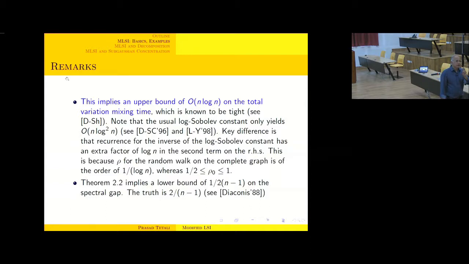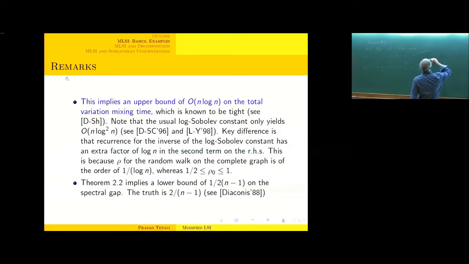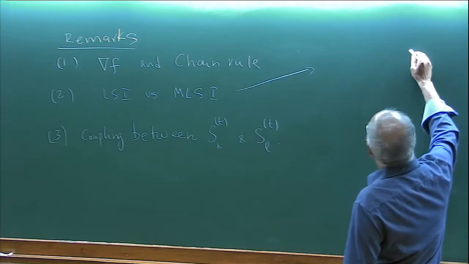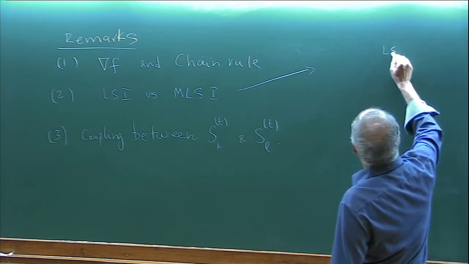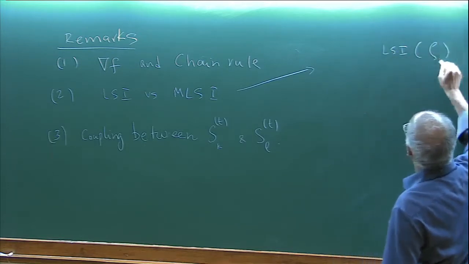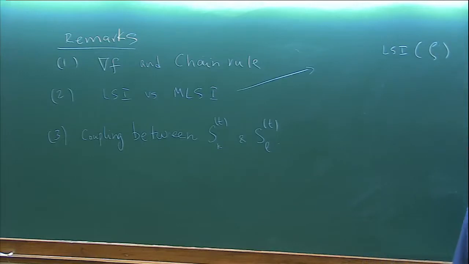But that's not quite true. There are still two things that are good about the log-Sobolev versus MLSI. And that is, I had mentioned, so again, LSI, I use this rho as the constant, and MLSI, alpha, right?